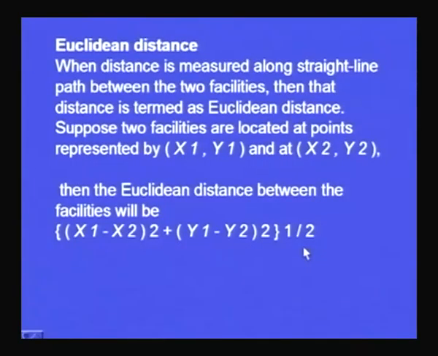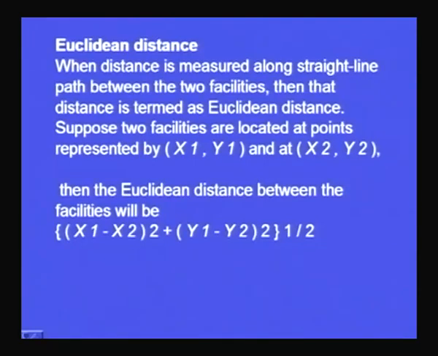Now, coming on to the Euclidean distance, when the distance is measured along a straight line path between the two facilities. Now, it is not orthogonal, it is a straight line path between two facilities. Then that distance is termed as Euclidean distance.